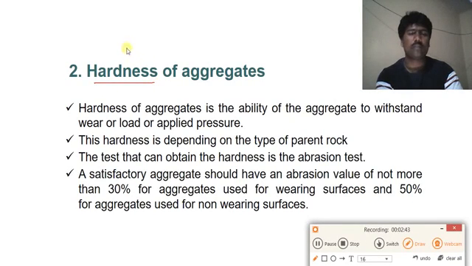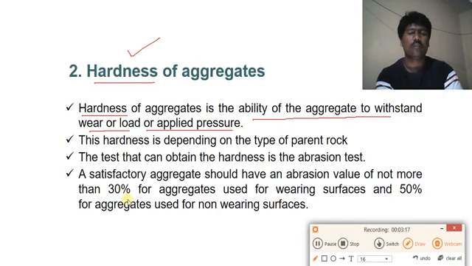I can also say it is the ability of the aggregate to withstand wear or applied load and pressure. If the aggregate can withstand the applied pressure or load without failing, without any indentation on the structure, then it is called a hard aggregate.